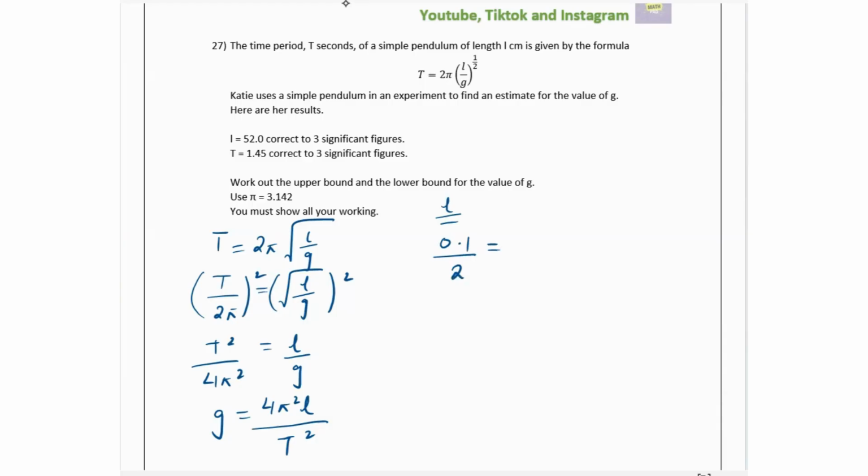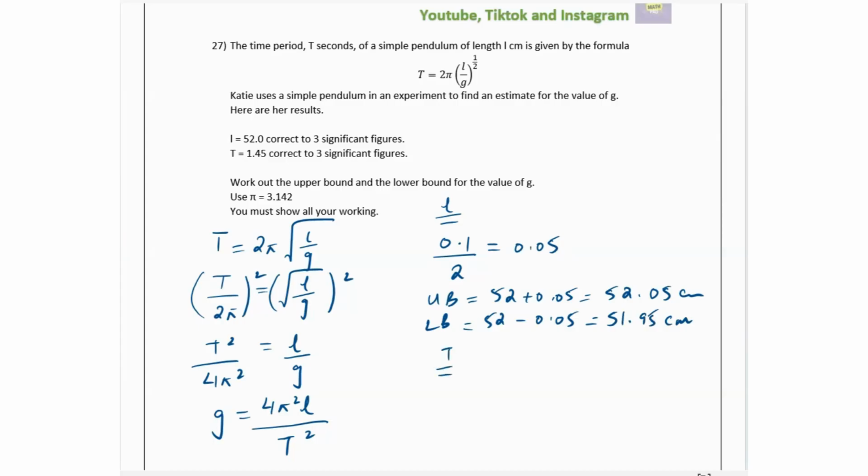So 0.1 divided by 2 is 0.05, which means for the upper bound, it's going to be 52 plus 0.05, which is 52.05 centimeters. And for the lower bound, we do 52 minus 0.05, which is going to be 51.95 centimeters.